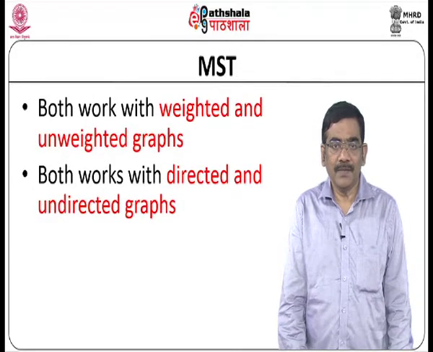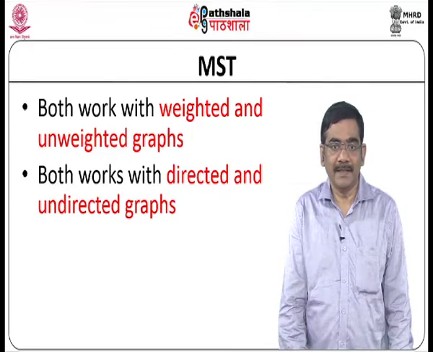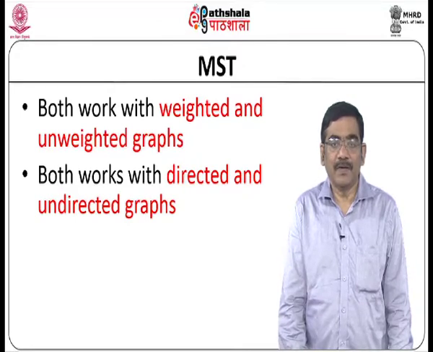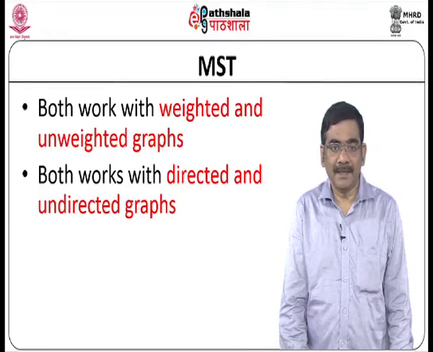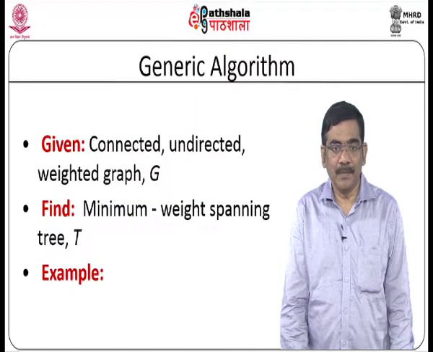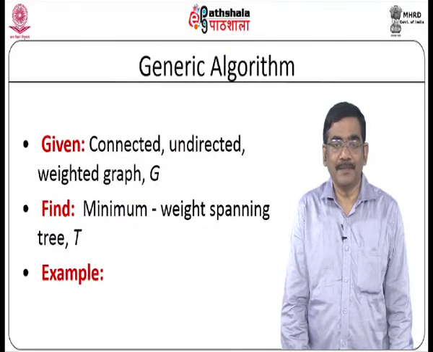Both these algorithms work for both weighted as well as unweighted graphs. Both these algorithms work for both directed as well as undirected graphs. In other words, there is not much restriction about the nature of the graph that should be considered as input for these algorithms.